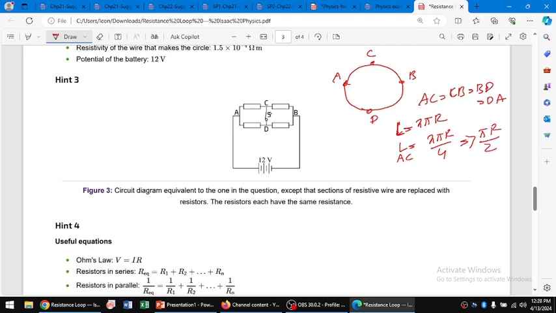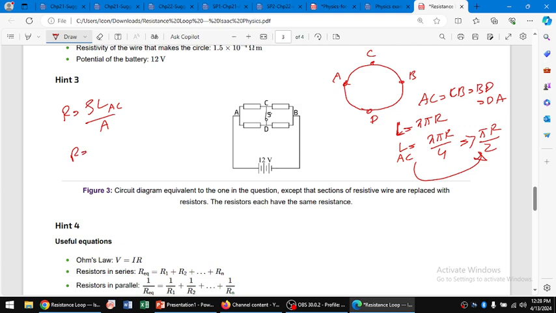We use the formula R is equal to rho L over A, with L being AC.